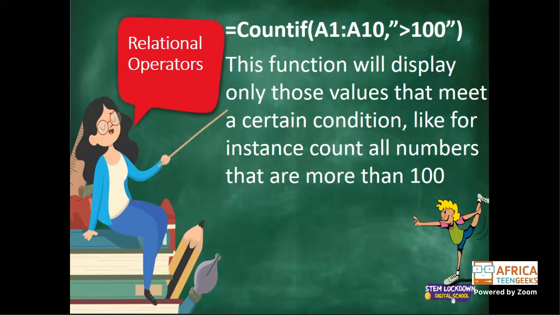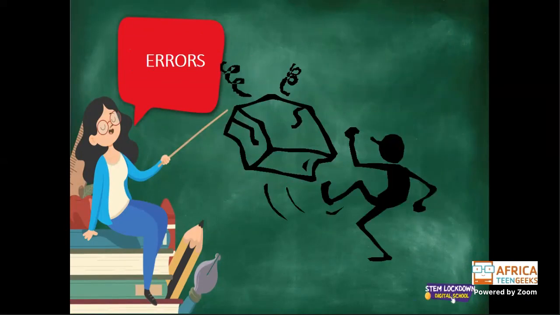In this instance, anything greater than 100 in that range is going to be counted. Only those values that meet the condition, like for instance, count all the numbers that are more than 100. Anything below that criteria is not going to be counted. So we use the relational operators to do the comparison.